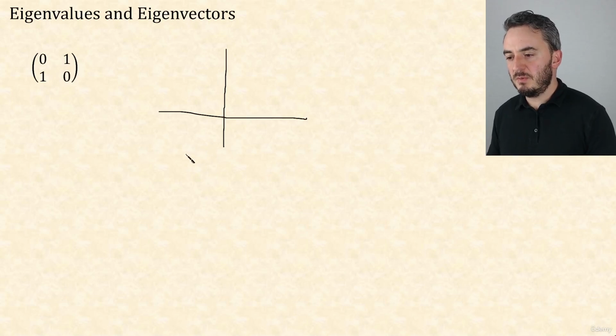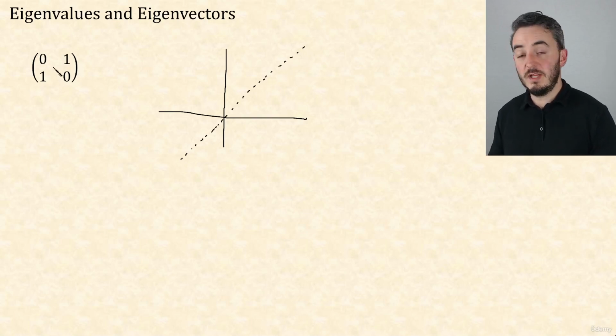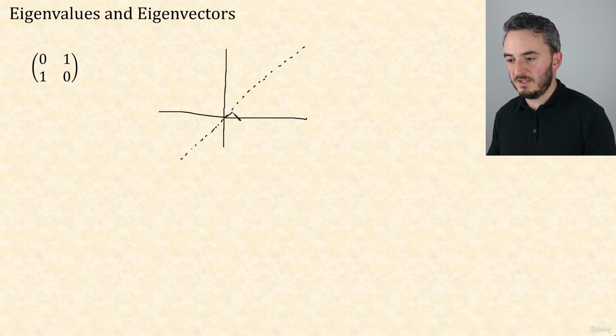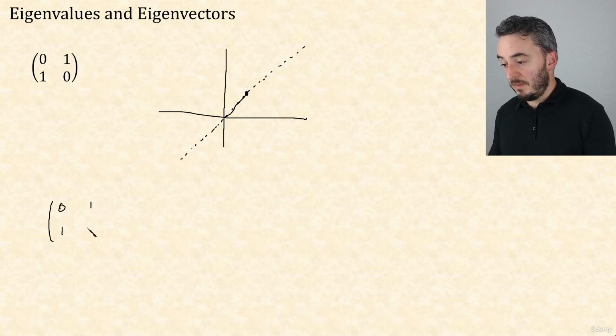So you might be able to think already, well, which vectors or which lines through the origin are unaffected by this, or at least are mapped to themselves? Well, it's going to be just the line y equals x. So certainly the vector (1, 1), or (2, 2), or (-1, -1) should remain the same, and we can check that it does. And that makes it an eigenvector for this matrix.